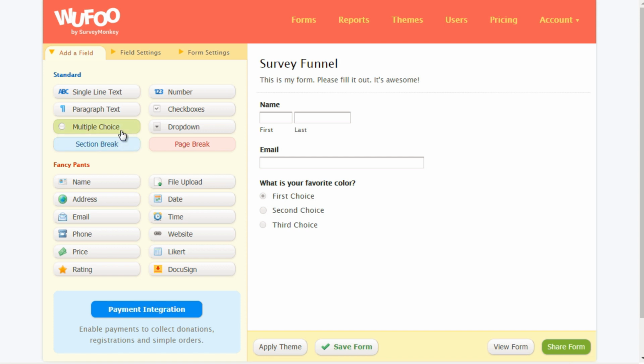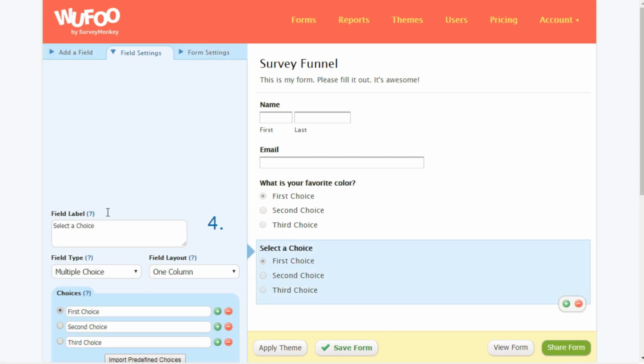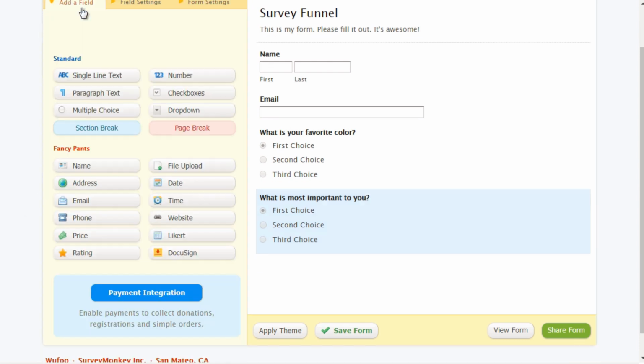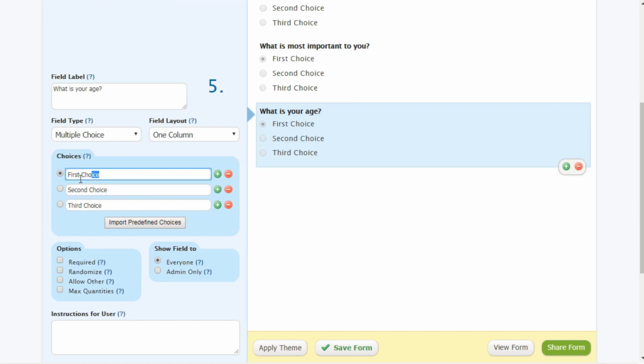And then you can get into the nitty-gritty, such as multiple choice. What is most important to you? You can add another one that says maybe what is your age? So we could have 25 to 34.